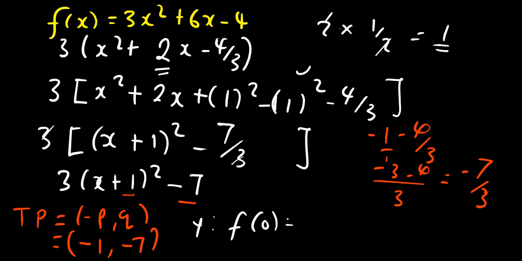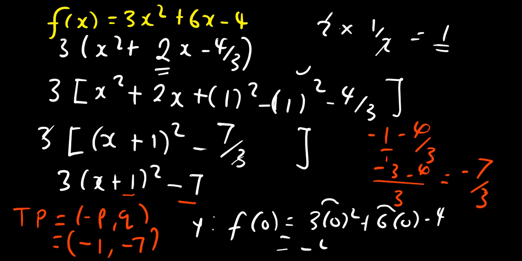So f of 0 is equal to 3 times 0 squared plus 6 times 0 minus 4. 3 multiplied by 0 is just 0. 6 multiplied by 0 is just 0. So in the end, you just have negative 4. So in this case, our y-intercept will be 0 comma negative 4.